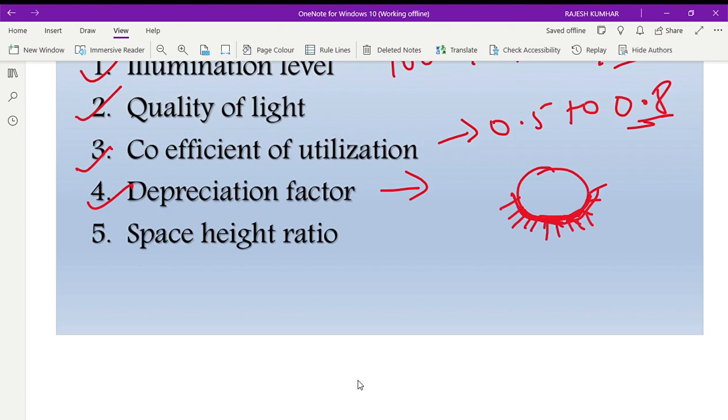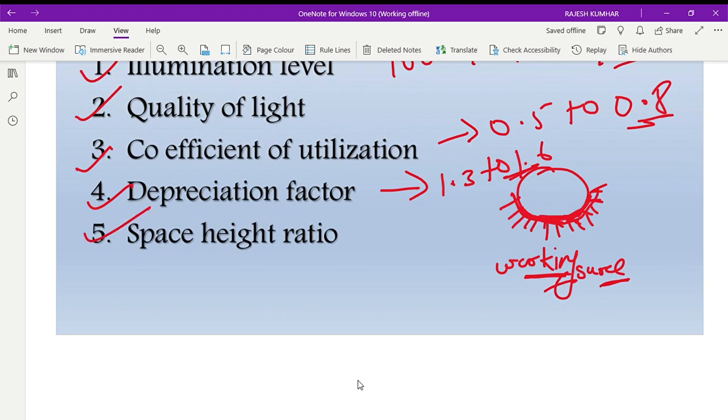So we are not getting the efficiency of that material at the working place. Usually the range of the depreciation factor is 0.3 to 1.6.